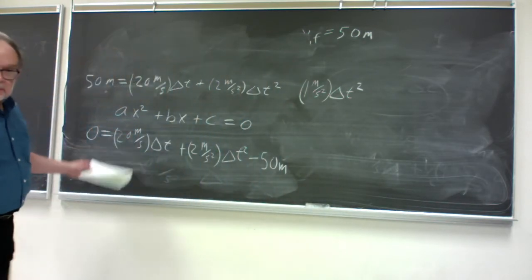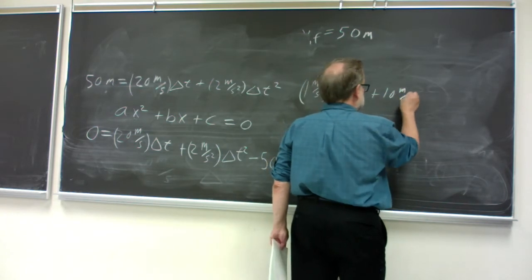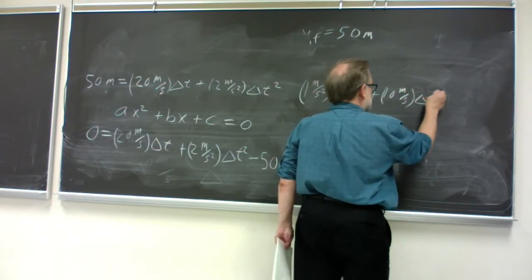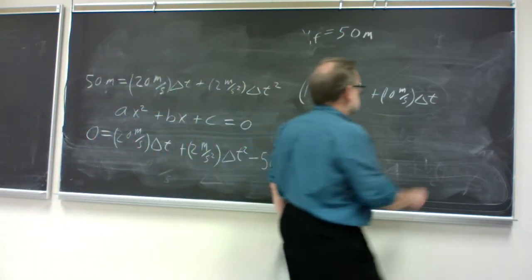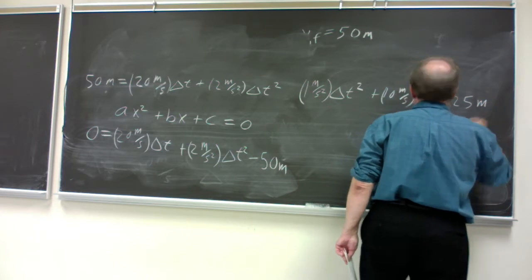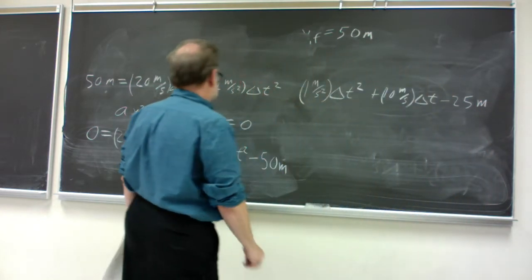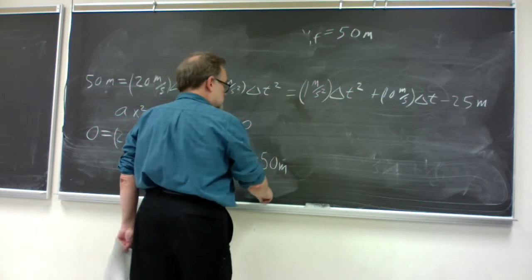Divide by 2, this is 10 meters per second times delta t. Divide by 2, this is minus 25, all equal to 0.